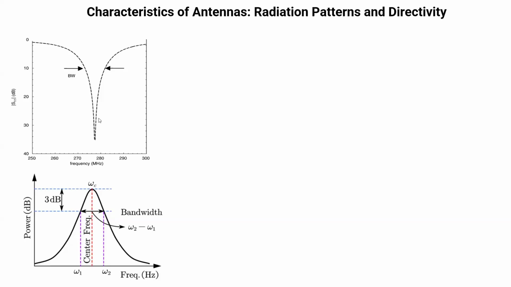Okay, and the bandwidth of my antenna, which is simply the difference between the highest frequency and the lowest frequency at also the level of 3 dB, must be equal or larger than the bandwidth of my signal, right?